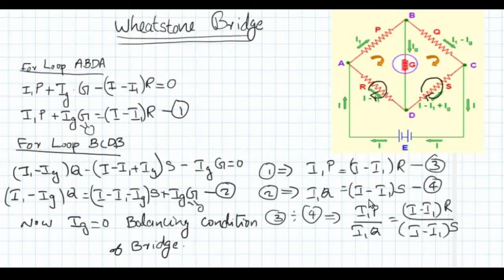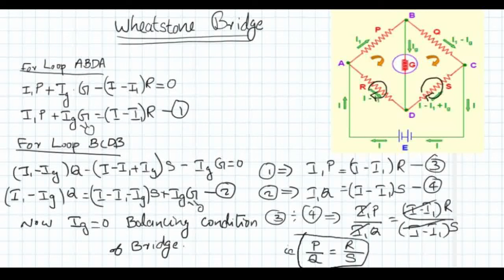That is, I1 will cancel on the LHS and I minus I1 will cancel on the RHS. And finally what is remaining is P by Q is equal to R by S. So this P by Q is equal to R by S is also called the balancing condition of the bridge.